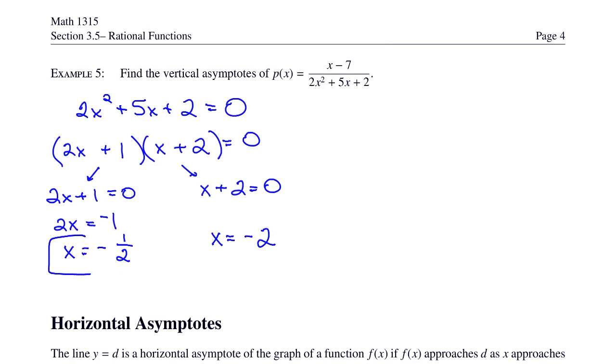These are your vertical asymptotes. Now later on in the lesson, we will be using the vertical asymptotes to help us graph each of these rational functions. So you'll see the dashed lines when we put all of this together, all the parts of today's lesson, toward the end of class.